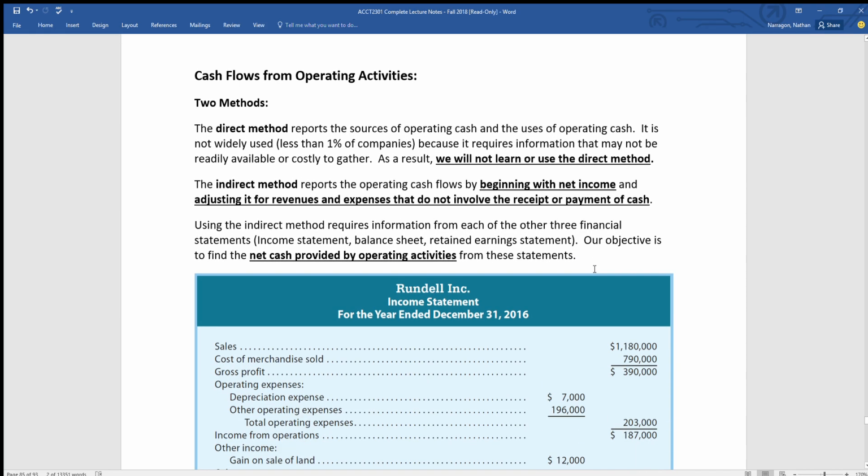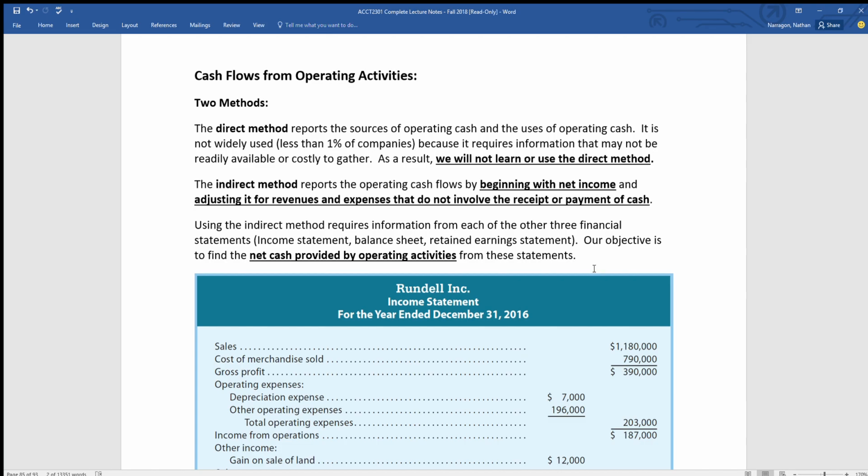When we look at operating, there are two methods involved. Okay. So we're going to break down each one as we go. One is the direct method, which basically reports the sources of operating cash and uses of operating cash. But it's only really used by 1% of companies.